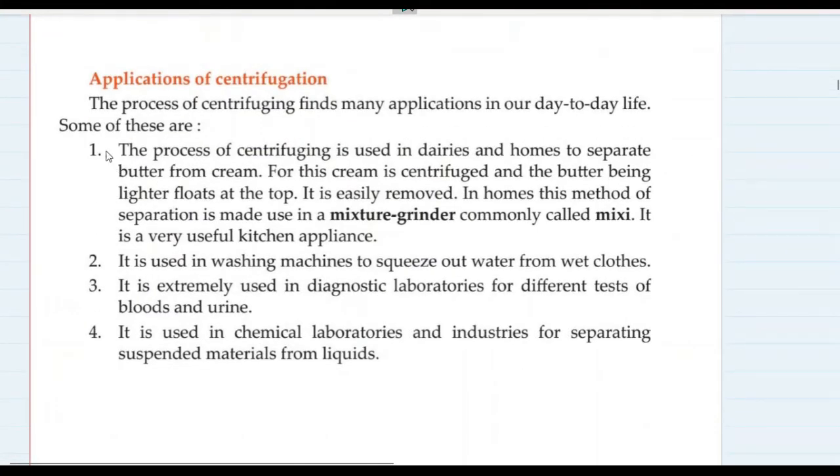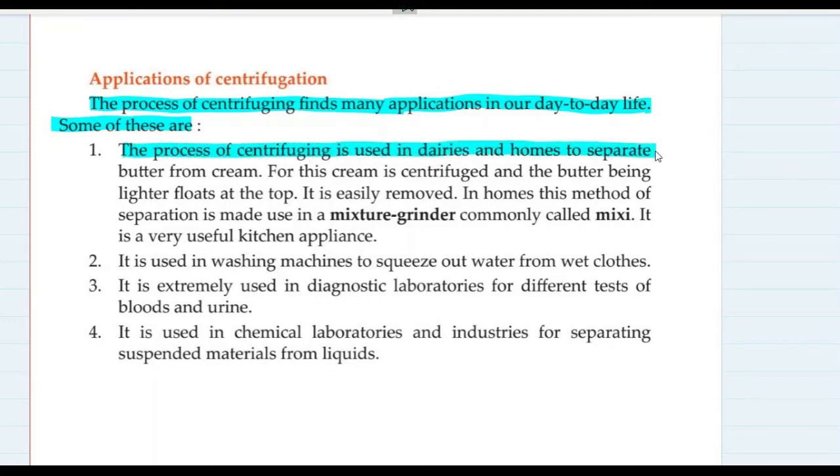What are the applications of centrifugation? The process of centrifuging finds many applications in our day-to-day life. Some of these are: it is used in dairies and homes to separate butter from cream.